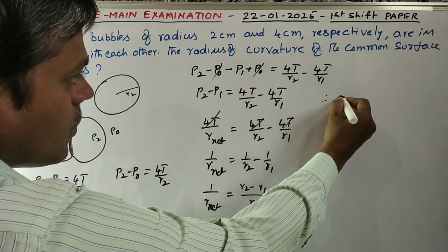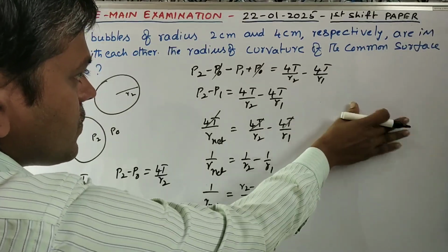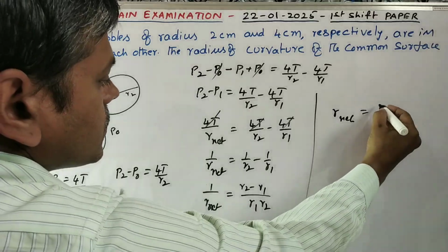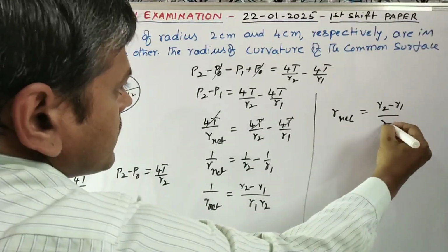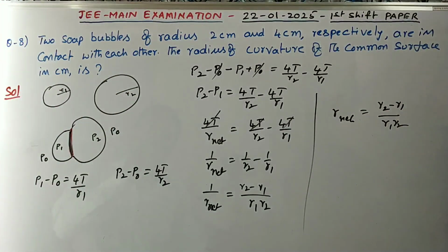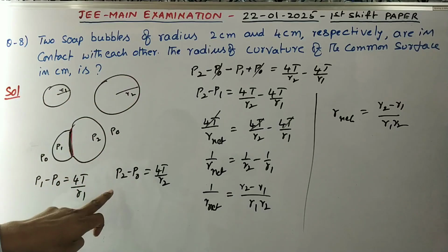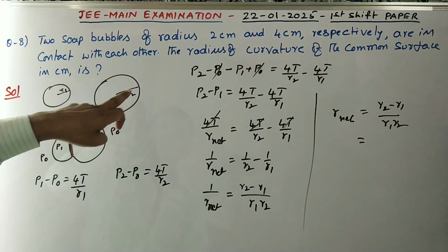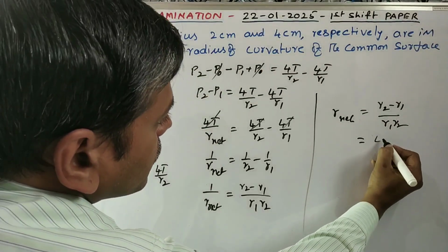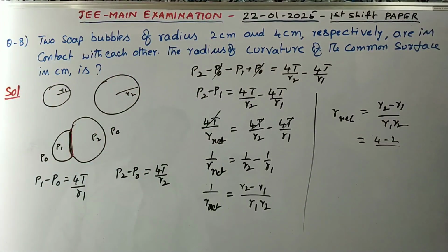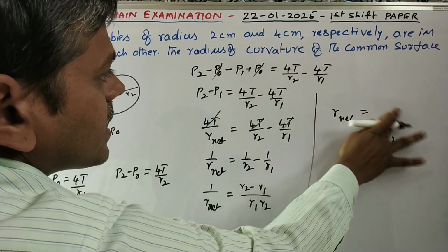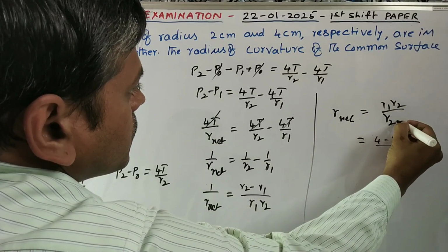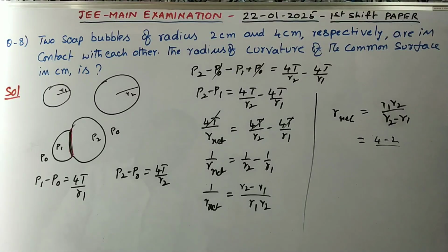So R net is equal to R1 R2 by R2 minus R1, isn't it?